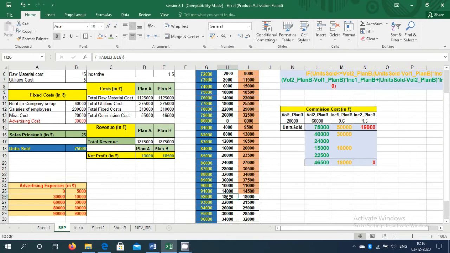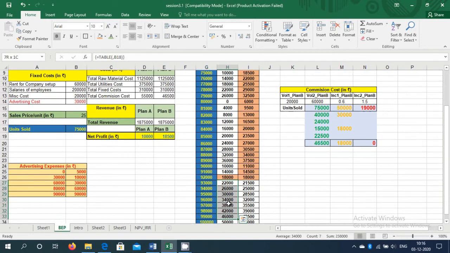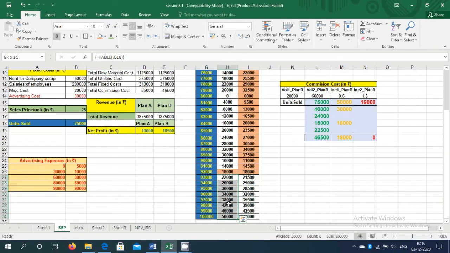At this point we are finding that at 92,000 we can go with either plan, that is of the same value, that is 18,000. And from here onwards again it is plan A that gives more. If it is more than 92,000, at that point of time plan A is better than plan B.